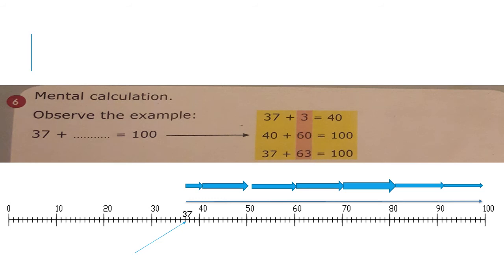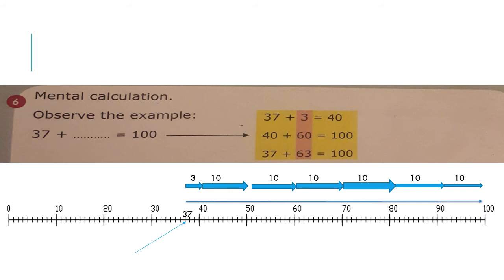From 37 to 40, I have a 3. Okay, if you don't know how to read it, just put 37 in your mind. 38, 39, 40. Count your fingers. 1, 2, 3. From 40 to 50, I have 10. From 50 to 60, I have another 10. From 60 to 70, I have the third 10. From 70 to 80, the fourth 10. From 80 to 90, the fifth 10. And from 90 to 100, I have 10.